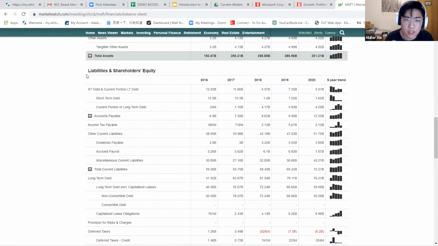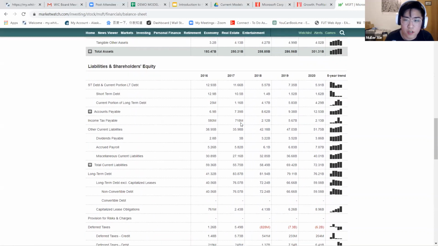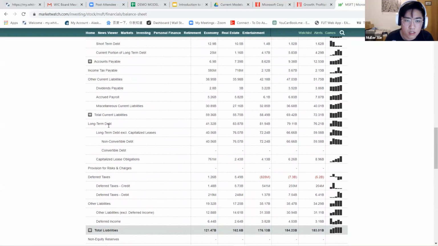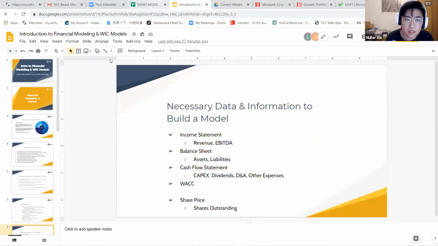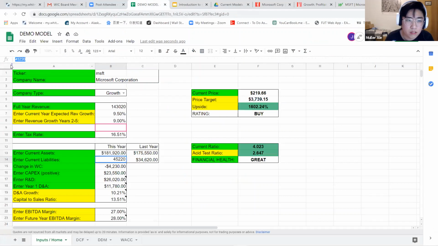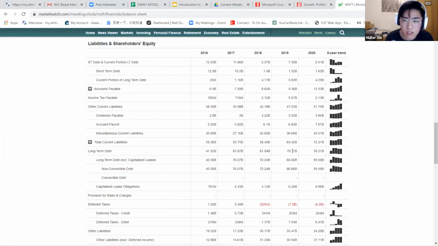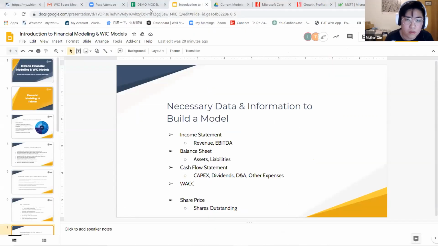For the current liabilities, you can find this on the same page, in the liabilities and shareholders' equity section. It has total current liabilities for 2020 of 72.31 billion, which we need to transfer from billion into million. For the 2019 fiscal year, it should be 69.42 billion.